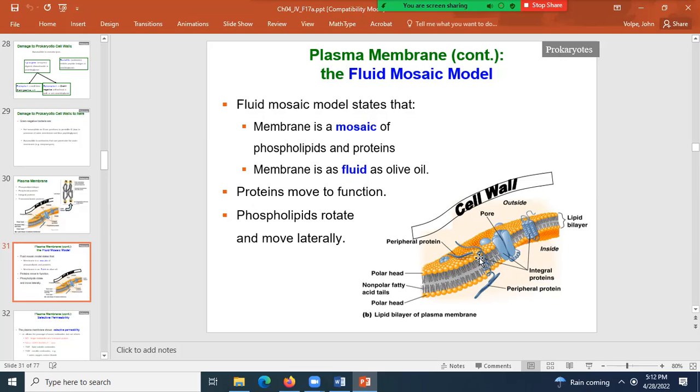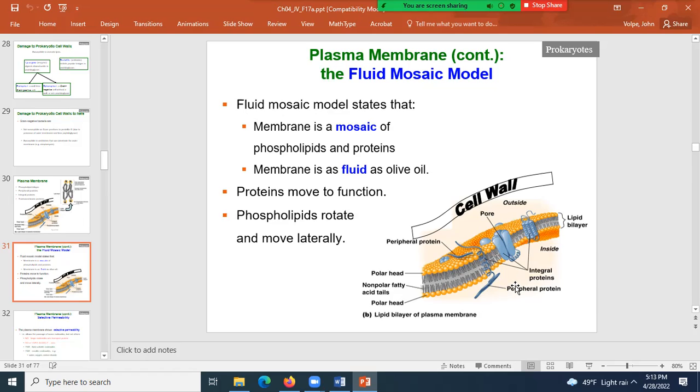This protein is not going to move in the membrane because it's held in place by the extracellular matrix. And the same thing with this protein: if it is bound to the intracellular matrix of proteins inside the cell, it is not going to move about in the membrane. But all of the other proteins, like the transport proteins and the receptor proteins, are free to move about in the membrane.